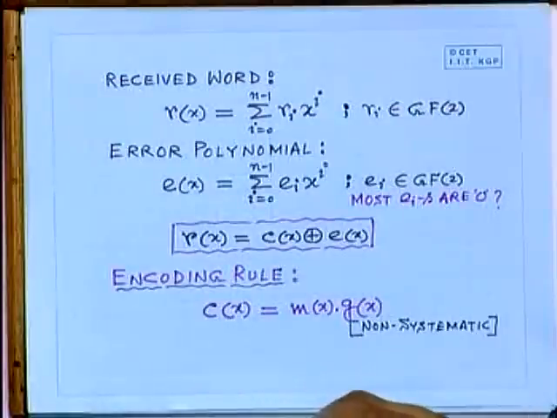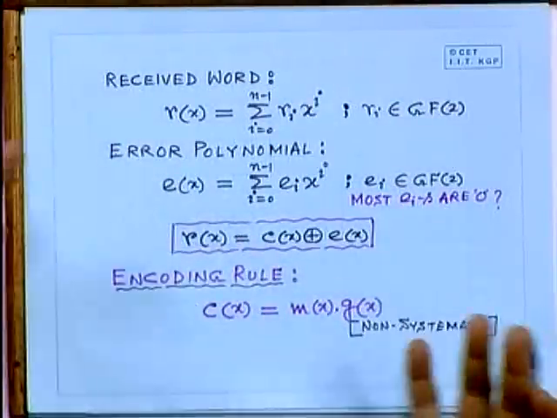No, because we are not saying the error polynomial may be anything. My only point here is that if n bits were transmitted, I receive n bits, and each bit may be in error, or there may not be any error, or there may be any combination of errors.